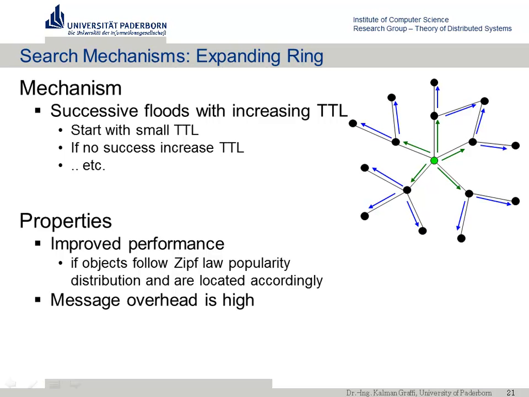Only in the cases when you are looking for something unpopular, which is very rare because it's less probable, are you generating more traffic by extending your time to live and the ring that you are looking in. So this is the main principle of how the expanding ring is optimizing the search in unstructured P2P overlays.